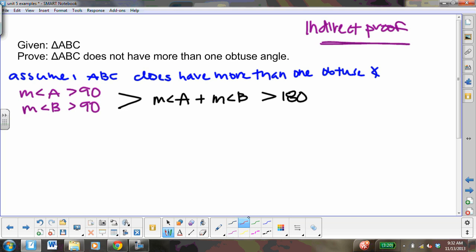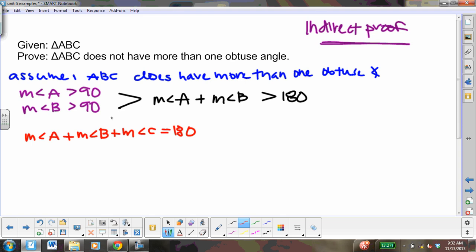So, we know that the sum of the interior angles of a triangle add up to be 180 degrees. So I have the measure of angle A plus the measure of angle B plus the measure of angle C equals 180.